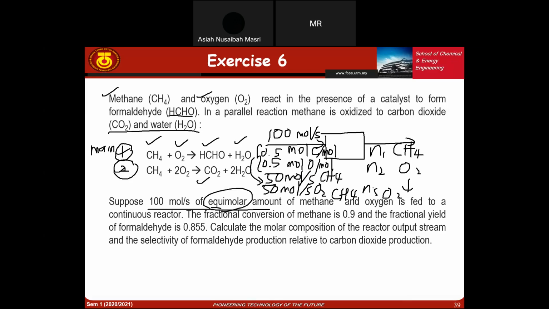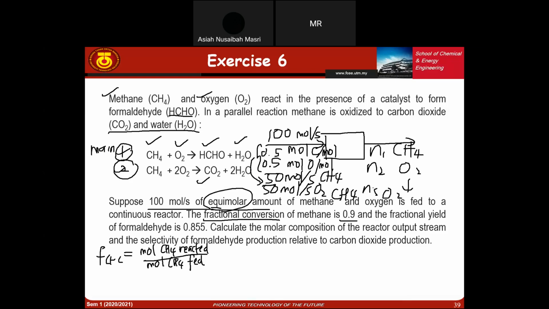The fractional conversion of methane is 0.9. What does fractional conversion mean? Remember back the formula. We have F representing the fraction. So we have F of CH4 is equal to how much CH4 reacted over how much CH4 fed.